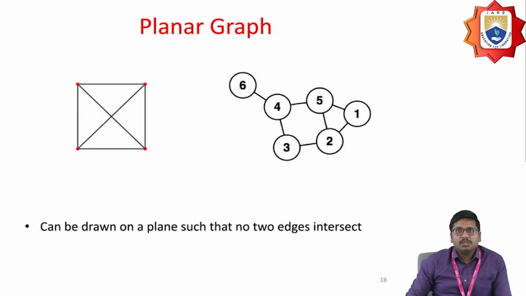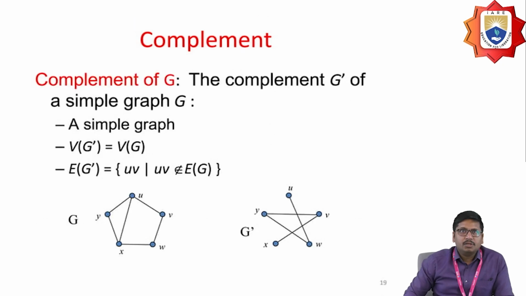And the next one is the planar graph. Whenever I draw a graph in a plane space, I can say that is the planar graph. And the next one, the complement of G. The complement of G means the quite opposite of that simple graph.